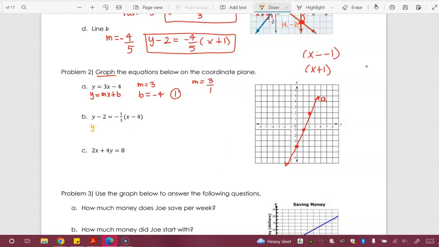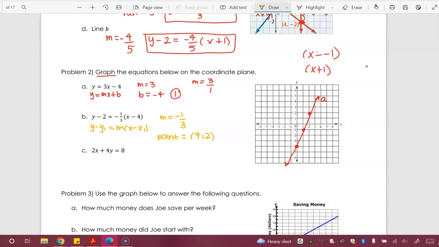Okay, now let's check out this next one. If this is in point slope form, I can point out the slope and the point. The slope is negative 1/3, and the point is 4, 2. Notice the negatives are already in there, so I just look at the number.